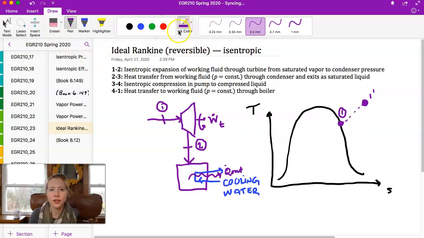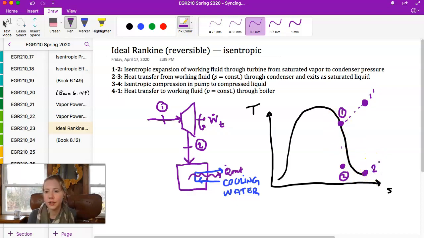I'm going to draw it on here. We're going to be somewhere inside the vapor dome. Typically, if we start out superheated, if we go into the turbine superheated, sometimes we might end up just at the very edge of the vapor dome for saturated vapor for then step 2.